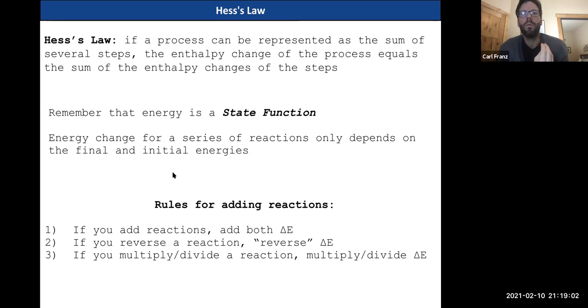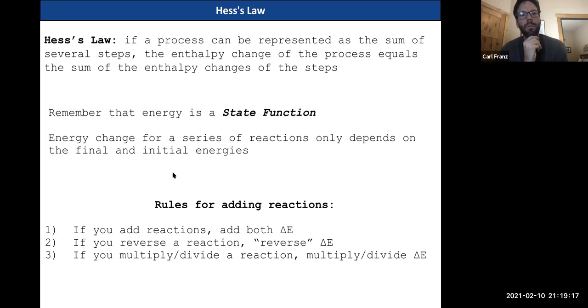So we'll be dealing with Hess's law later on in this quarter and even in Chem 103. It's important that you understand the concepts of Hess's law because it'll make it easier later on.